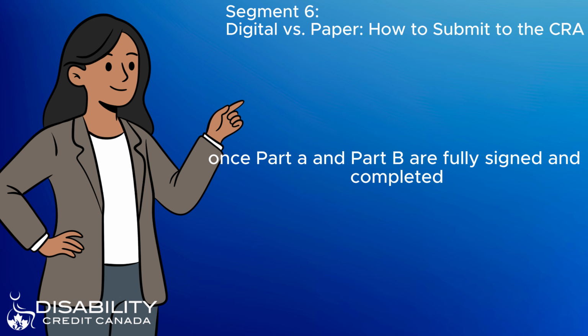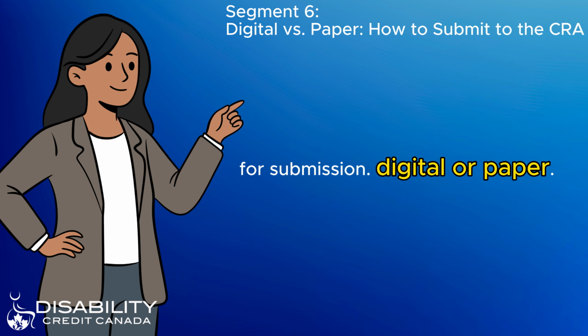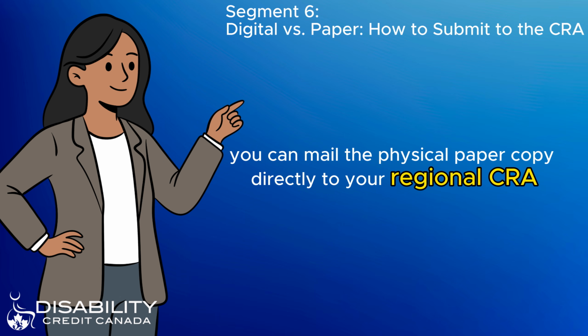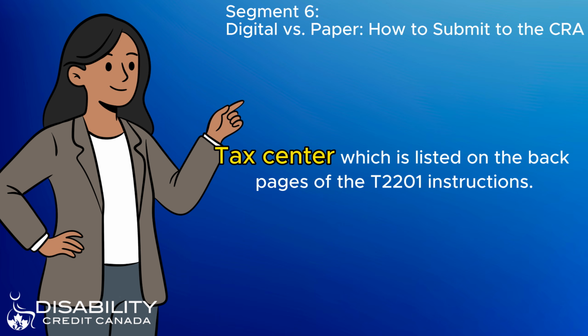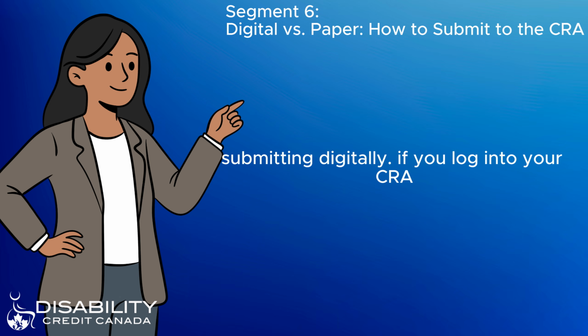Once Part A and Part B are fully signed and completed, you have 2 choices for submission: digital or paper. If you prefer the traditional route, you can mail the physical paper copy directly to your regional CRA tax center, which is listed on the back pages of the T2201 instructions. However, we strongly recommend submitting digitally.